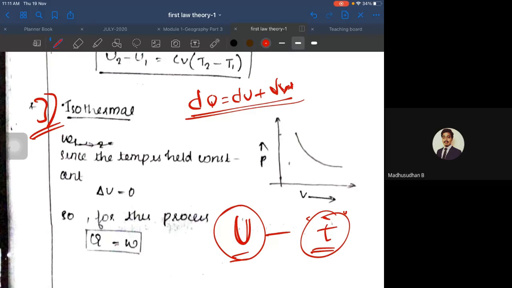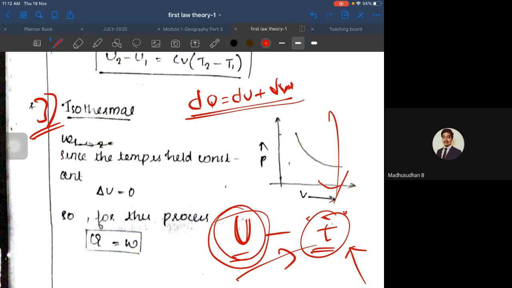Rather, I can say that your internal energy will never change if I change the pressure. It will never change if I change the volume. That means it is independent of all the parameters except the value of the temperature. If you change the value of temperature, only then your internal energy value would change.